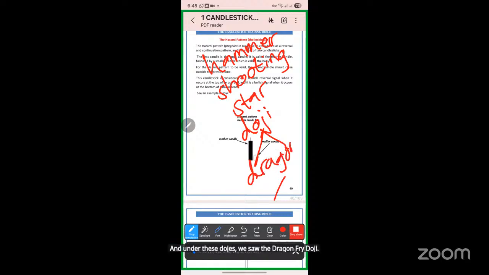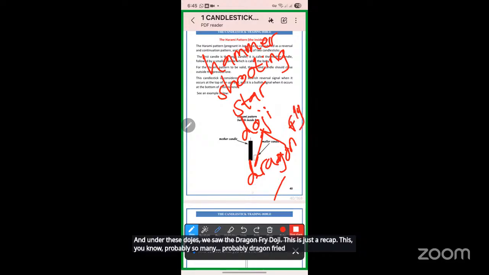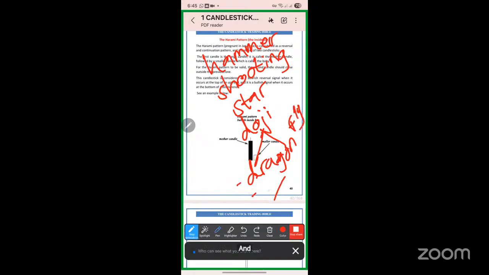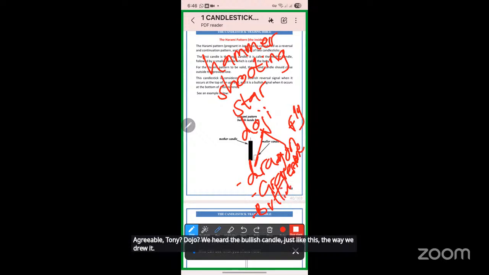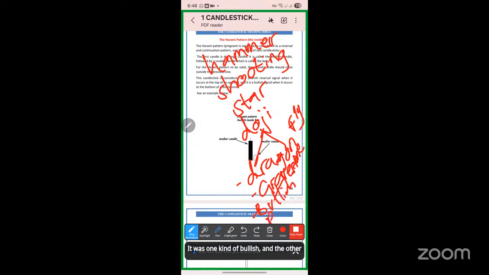This is just a recap. We had a bullish candle, just like this, the way we drew it. It was one candle bullish and the other candle bearish. Those are the things we have seen so far.